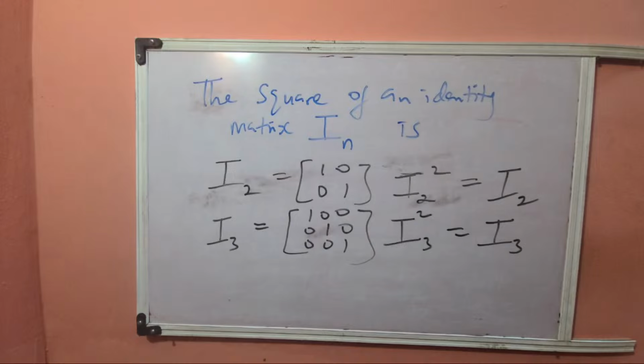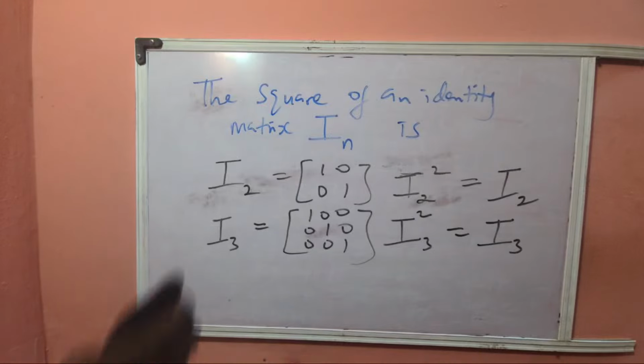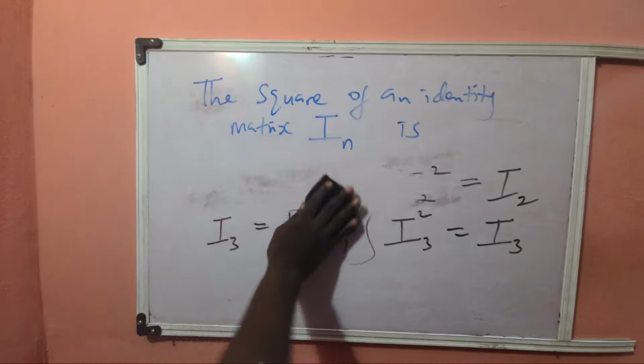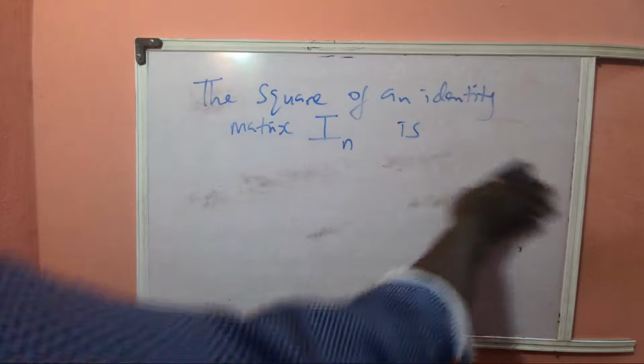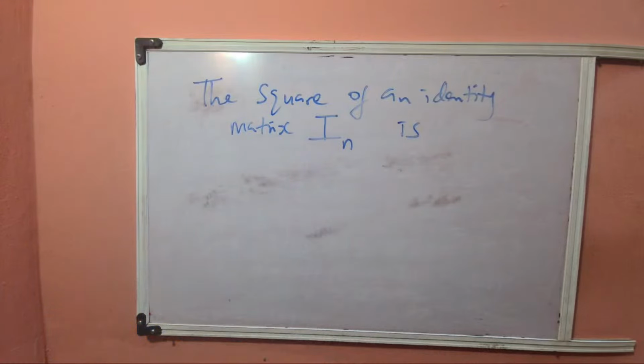Let's just prove that with an identity matrix of order 2 so that it will be much clearer and you don't have to spend time on questions like this. Of course, you were told to find of order n, that means any order.